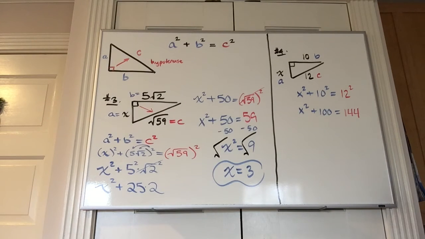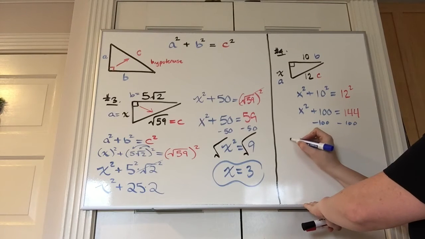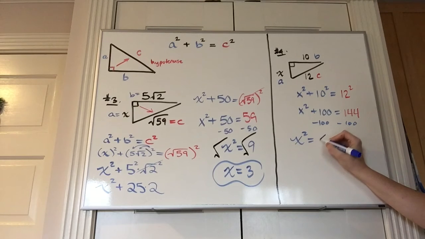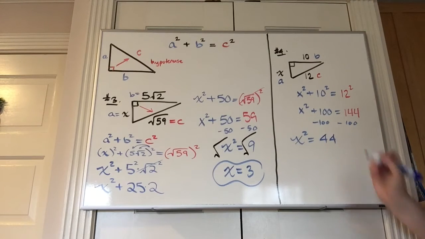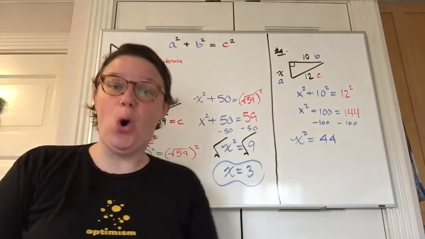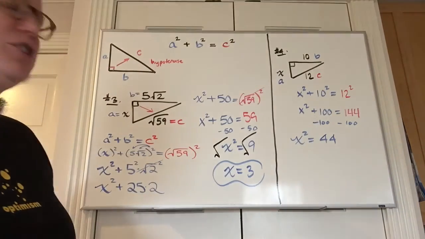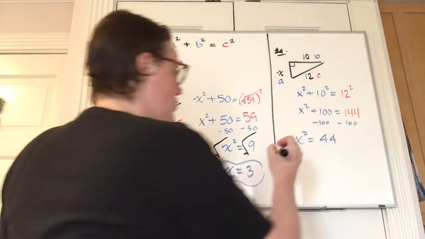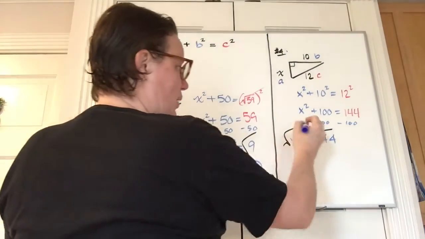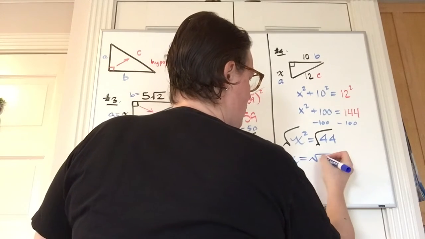So when I go to get x by itself, I'm going to subtract 100 from both sides, and that's going to give me that x squared is equal to 144 minus 100, which is 44. So here's the thing. I do not know a whole number that squares to 44. I can't think of one. If I needed to solve this problem, it's definitely not just a whole number value. What I need to do is take the square root of both sides. So the square root of x squared just turns to x, and I'm left with x being equal to the square root of 44.